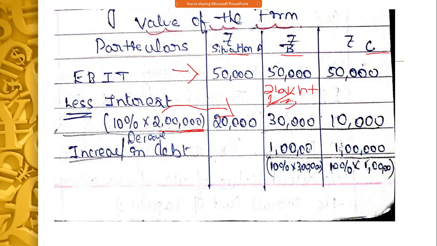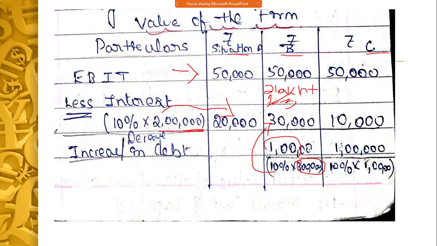Or in the third situation, it is 2 lakh minus 1 lakh, which gives you 1 lakh, into 10% would be 10,000. Here what has been mentioned is an increase or decrease in the debt. Here it is an increase, that's why the total amount of debt becomes 3 lakh, which is multiplied by 10%, and you would be getting 30,000.